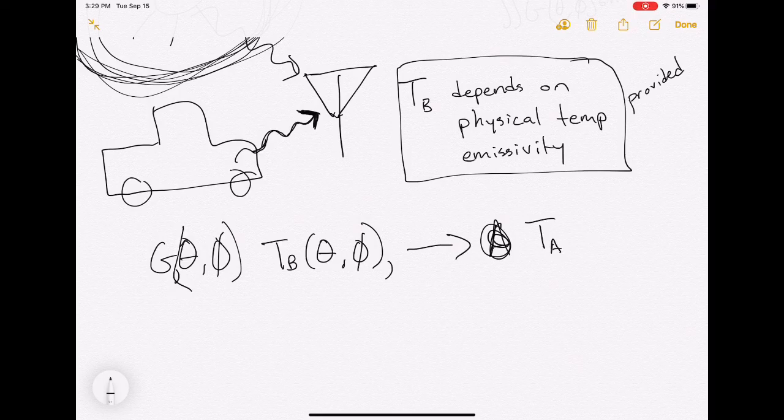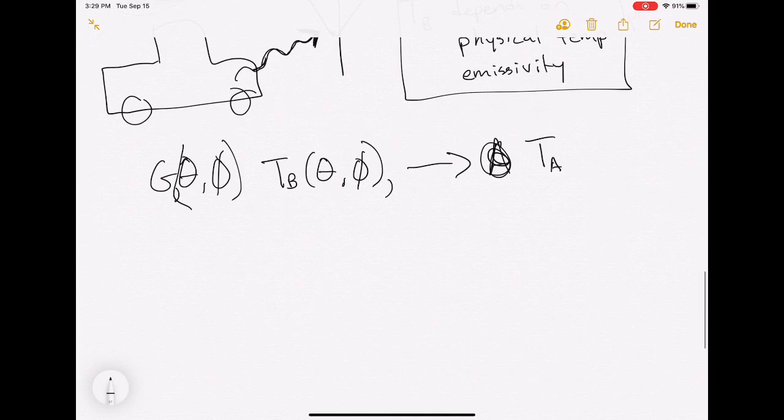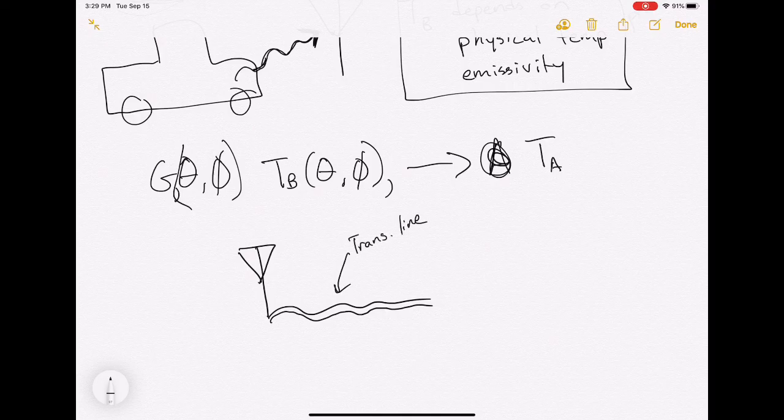Does that mean I know my system noise power? Not exactly. There's more to it, because your antenna is connected to the receiver through a transmission line, which has loss. It has an attenuation constant, alpha, and it has a length, L. So at the terminals of this transmission line, your receiver sees an effective antenna noise temperature.